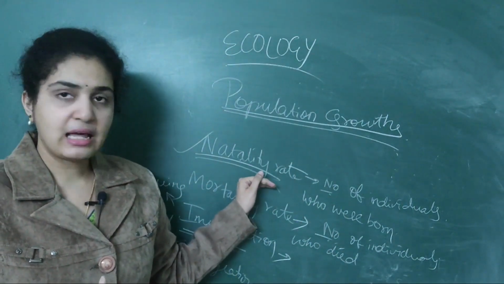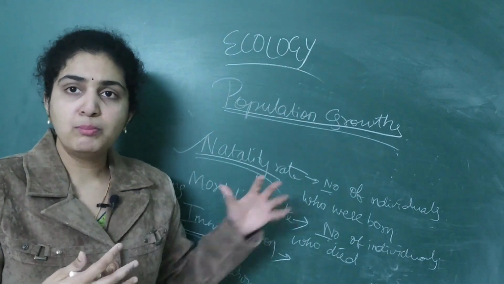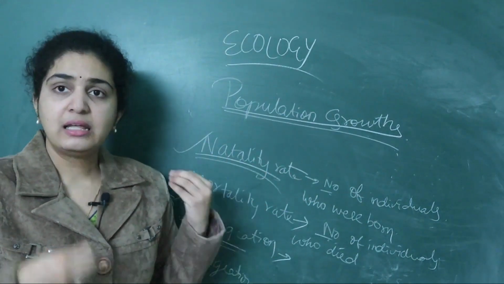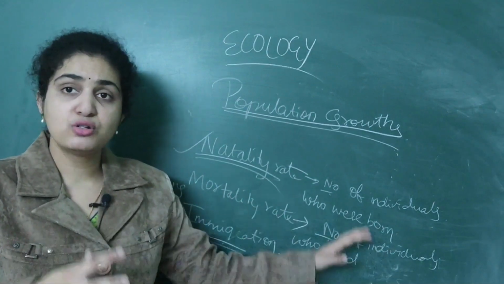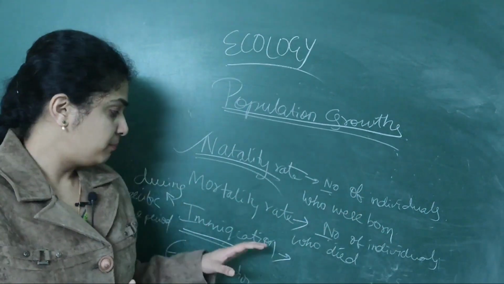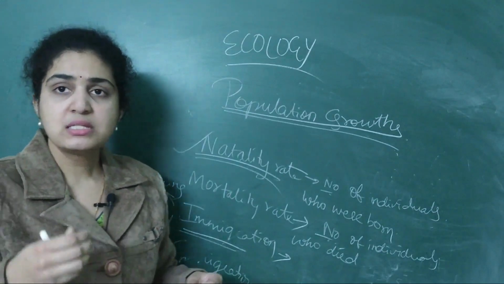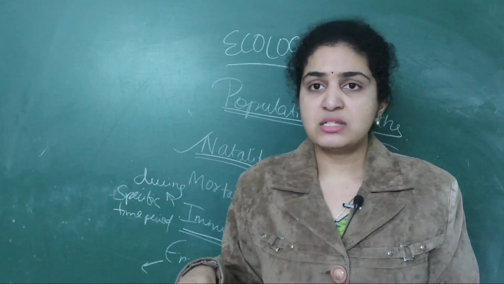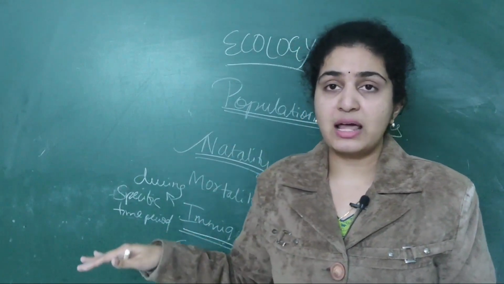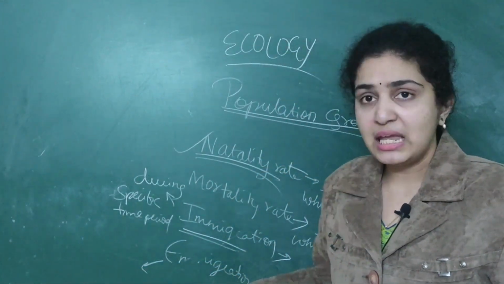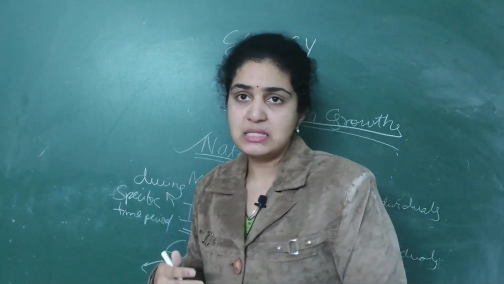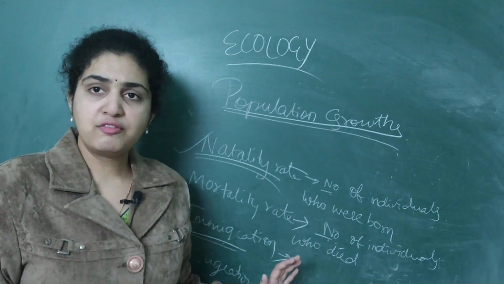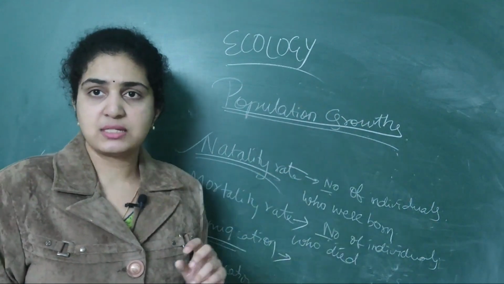They are natality rate, who were newly born in that specific population; mortality rate, number of individuals who were dead; immigration, number of individuals who have come from another place to survive in this place; emigration, number of individuals who have gone from this place to another place.